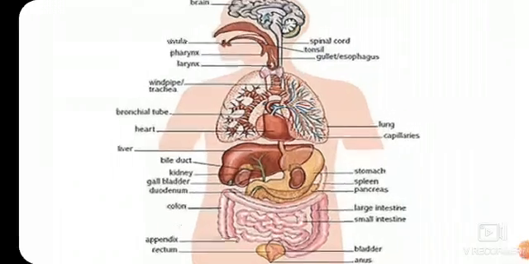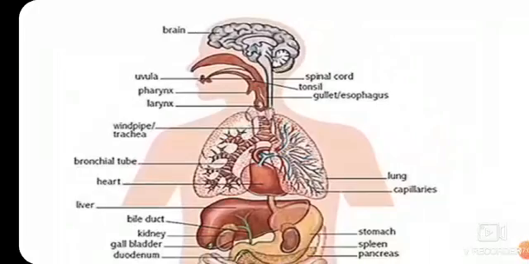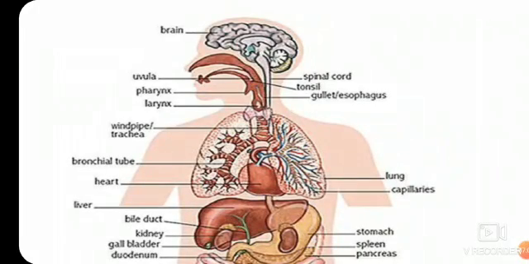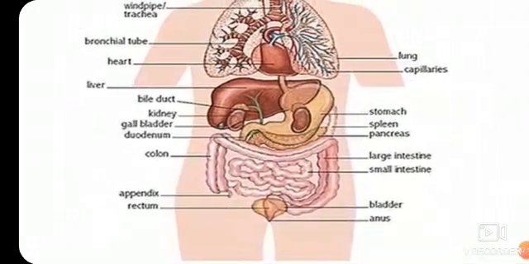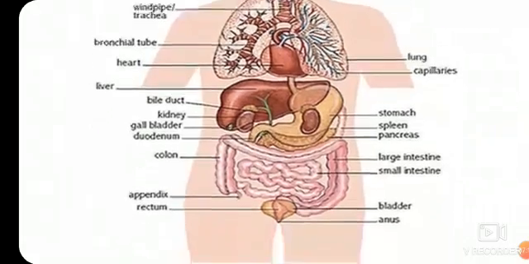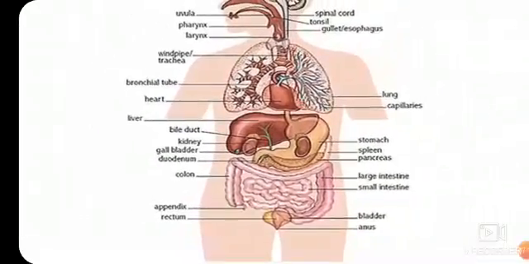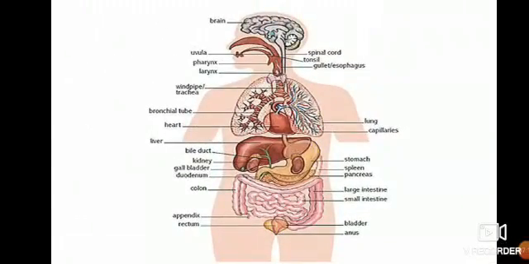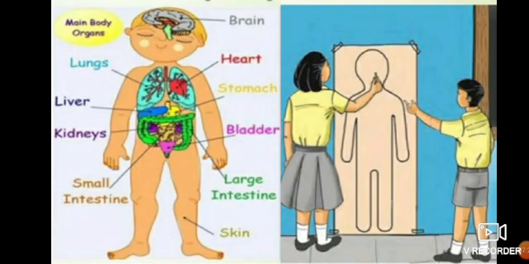If you go through this, you can see it starts from the brain and ends at the anus. So we are going to study all these internal organs one by one. So let's begin.